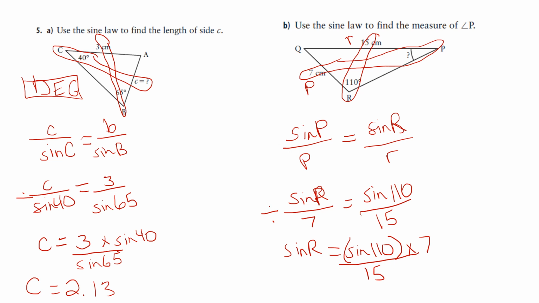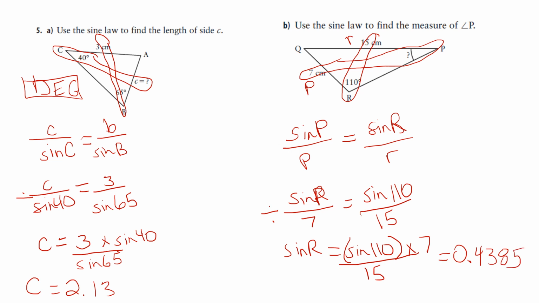So sine 110 times 7 divided by 15 gets us an answer of 0.4385. We're going to do 4 decimal places on this, so it equals 0.4385, and even better, keep the number on your calculator with all of the decimal places.